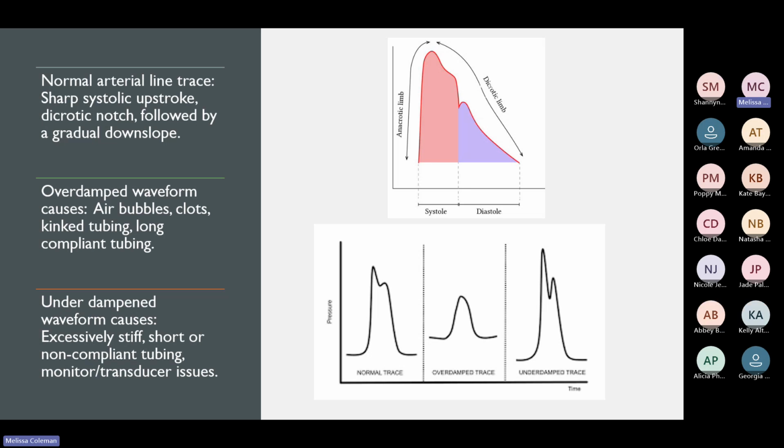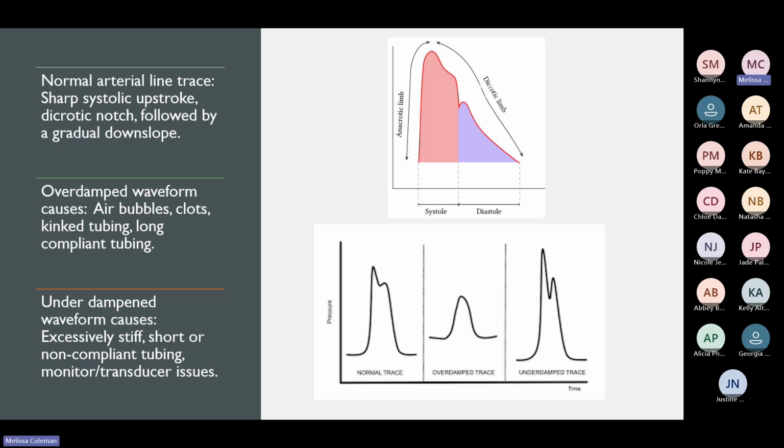So the second diagram just below, you've got your normal trace. Your traces can get over dampened or under dampened. So, I'm going backwards, sorry. Your over dampened waveform sometimes can be because you've got air bubbles in your lines, or a little fibrin clot at the end of the catheter, which just needs to be flushed away.